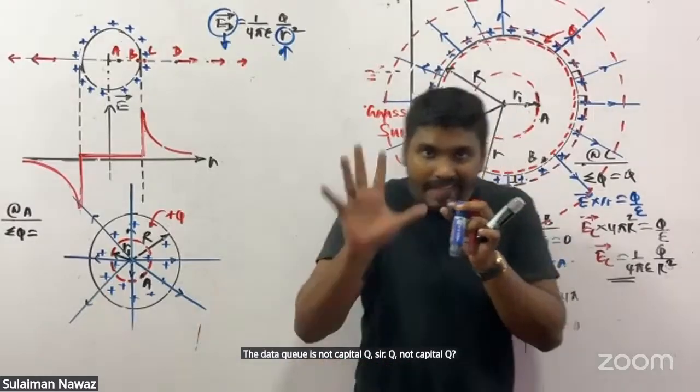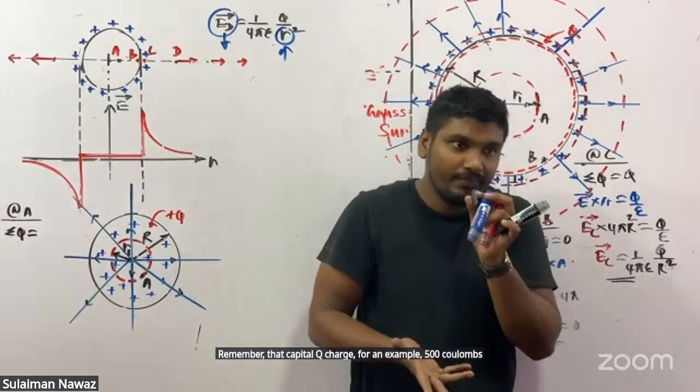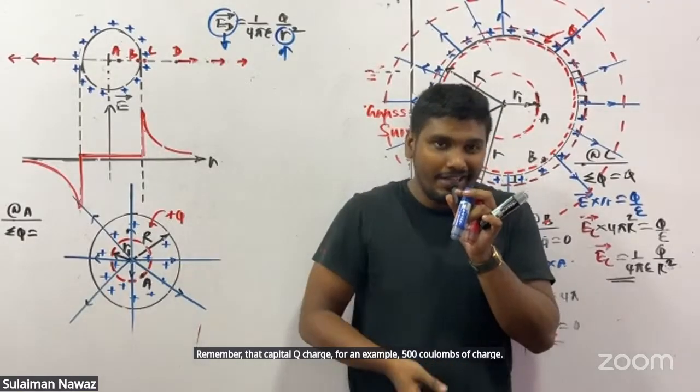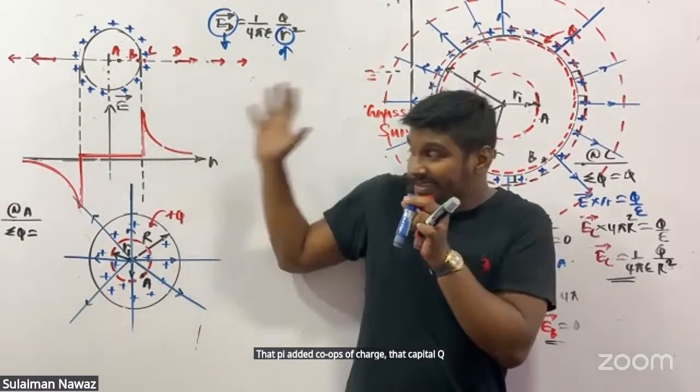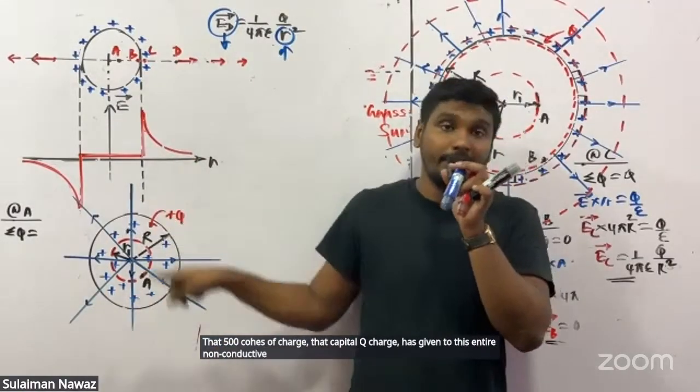Remember that capital Q charge, for example 500 coulombs, has been given to this entire non-conductive solid sphere.